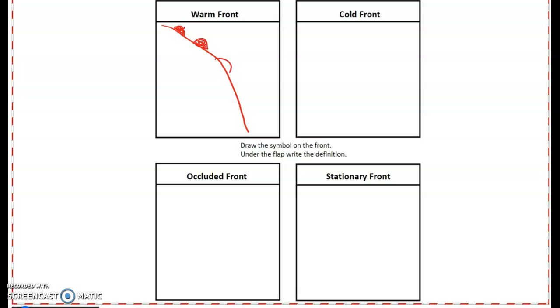So you would draw what a warm front looks like, and it's moving warm air.